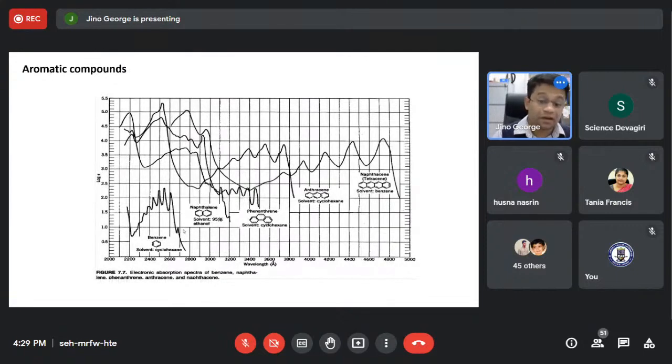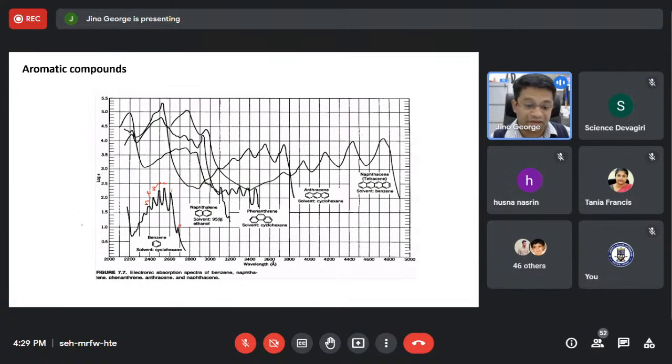So you take any aromatic compound, benzene. You see here, benzene shows a beautiful absorption with a maximum around 254 nanometer, and it has some signature. You can see here, right? As I mentioned previously, the rotation can couple to vibration, and the vibration can couple to the electronic state.